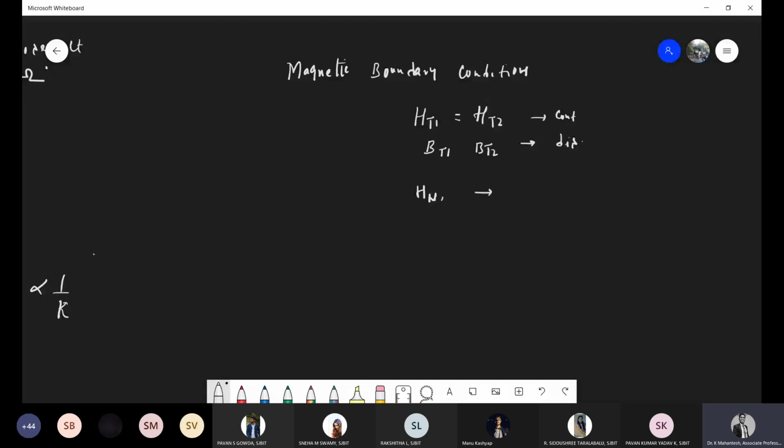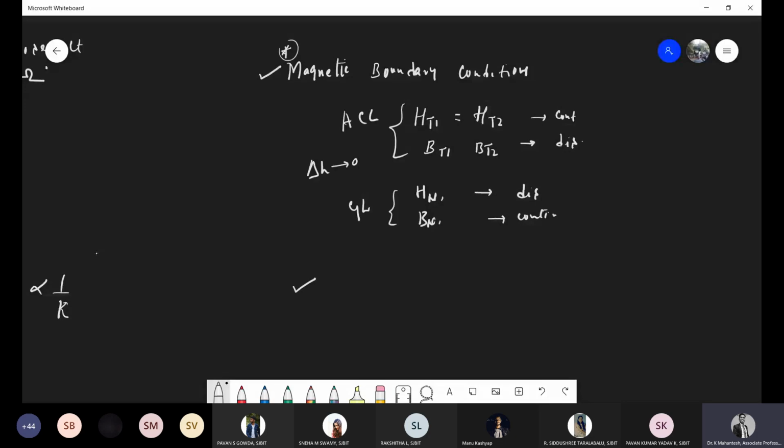Whereas the normal components of B were continuous and H discontinuous. To find this, we applied Ampere's law, and to find this, we applied Gauss law. In both the cases, delta H tends to 0. This was one important derivation we have done.